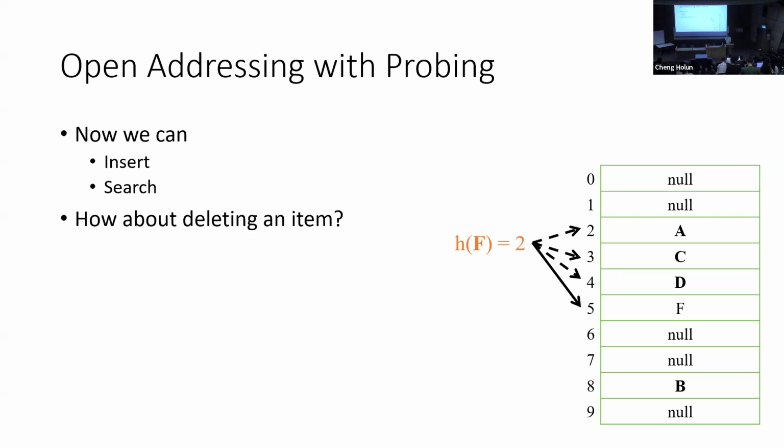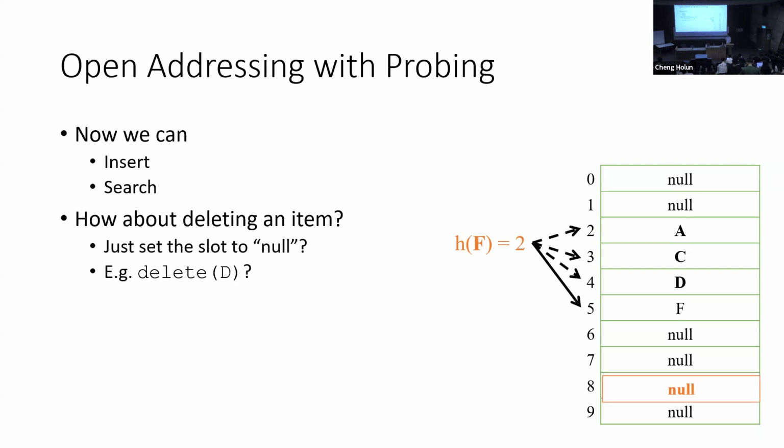How about deletion? Deletion is you search it first, right? You search it first, and then I set the slot to null. Let's say I want to delete D now. What is the problem now? If I delete D, will there be a problem?